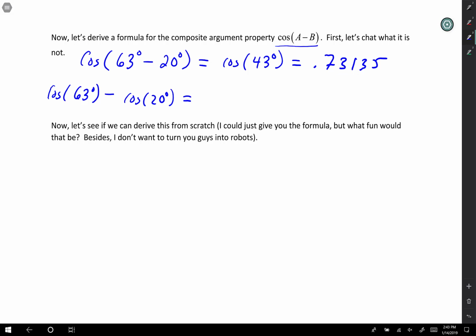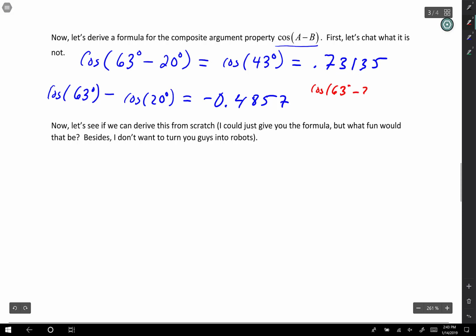And I get negative 0.4857. Are those the same? No. So I don't know why you guys like to do that so much. So what is it not? Cosine 63 degrees minus 20 degrees is not cosine 63 minus cosine 20.